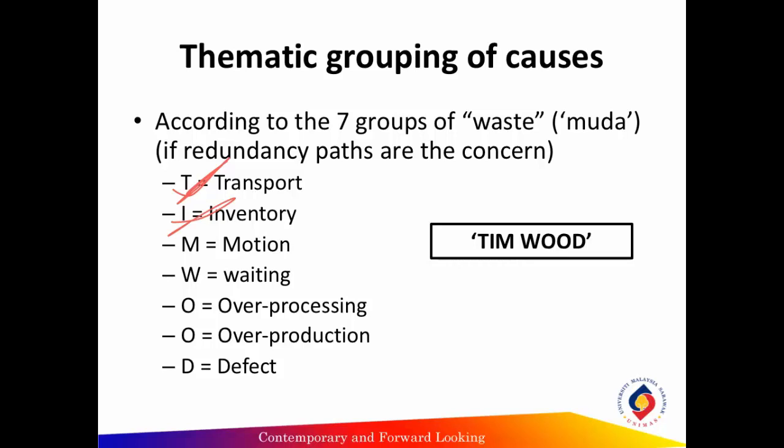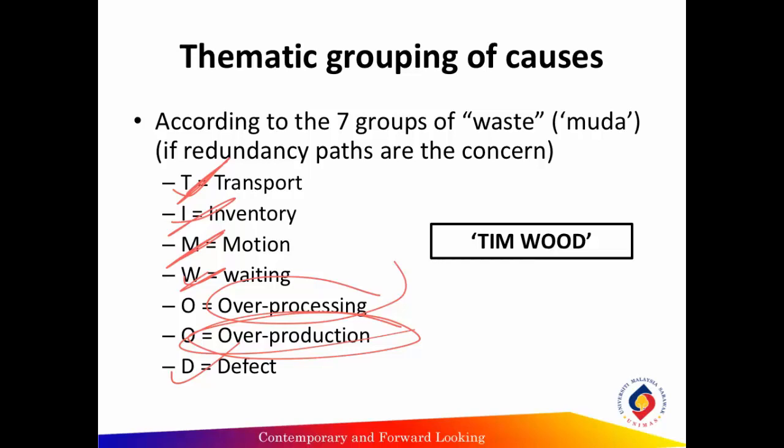Second would be the inventory, unnecessary inventories, motions, waiting, too much waiting time, over processing of information, overproduction, unnecessary production, and any defects in the management.